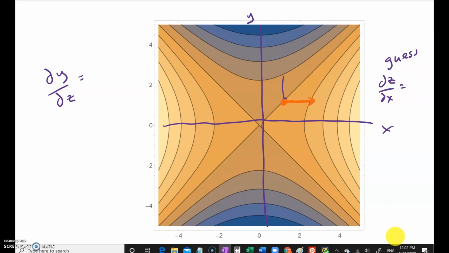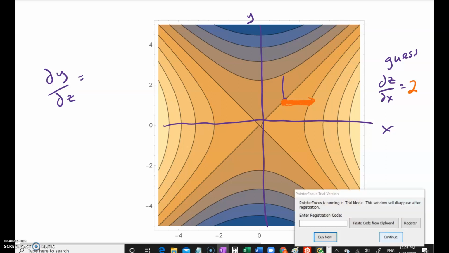I can say that it's now exactly equal to 2. That as x goes up by 1 point, z goes up by 2 points in that direction. And that kind of makes sense. I remember this is the average rate of change, but over roughly 2 units, z went up about 5 units. So my guess wasn't that far off.